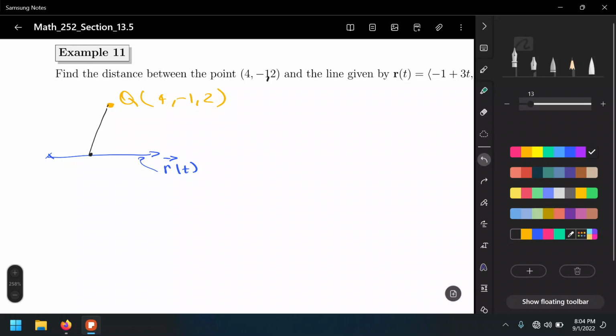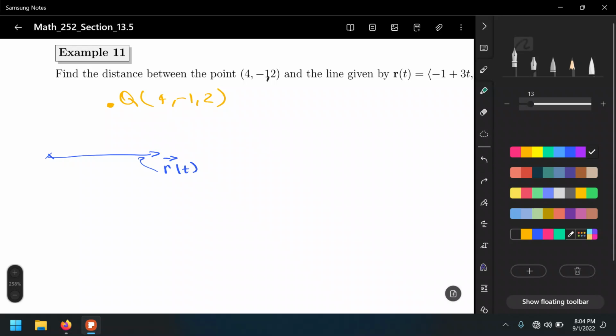It could even be a point further away over here. But does the distance from Q to the line change regardless of the point that we choose? No. So you can choose your favorite point on this line, preferably the easiest point.